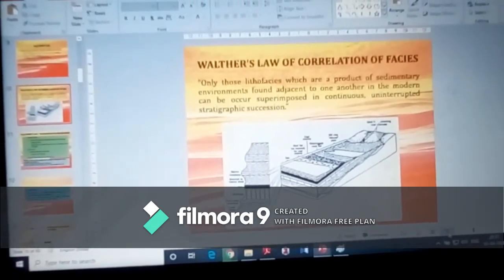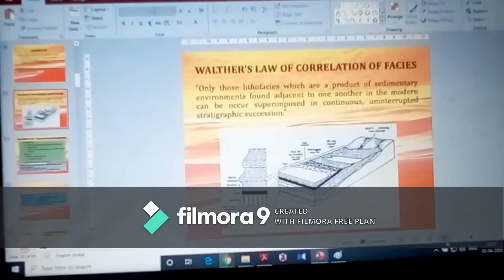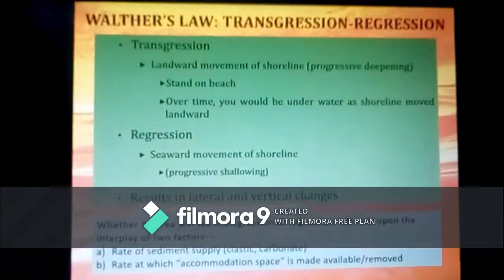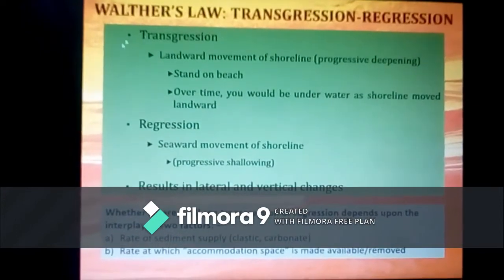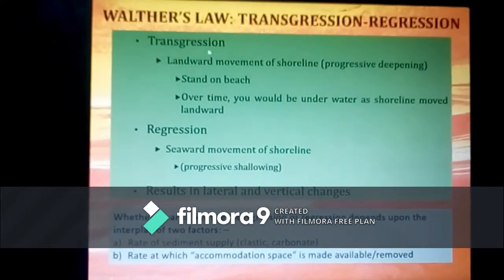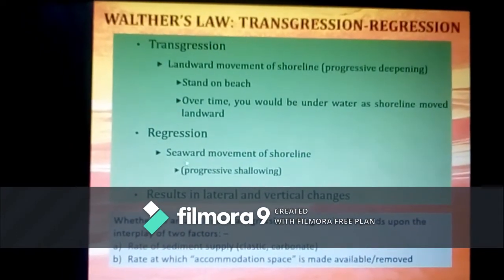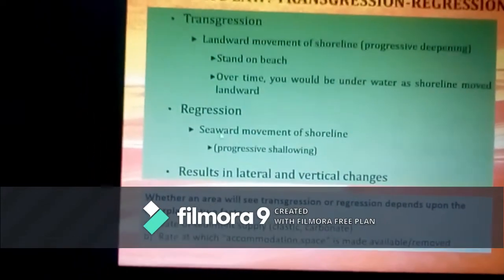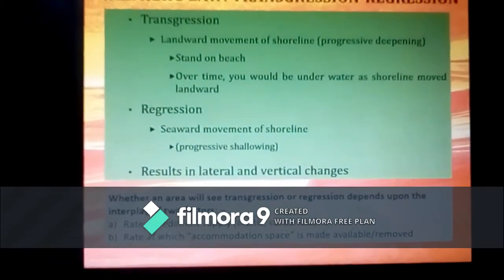With Walther's law you get another thing, that is transgression and regression. This is the presentation which I already sent to you. Basically, transgression means sea level rise and regression means sea level fall. Now this sea level rise and fall depends on two factors.